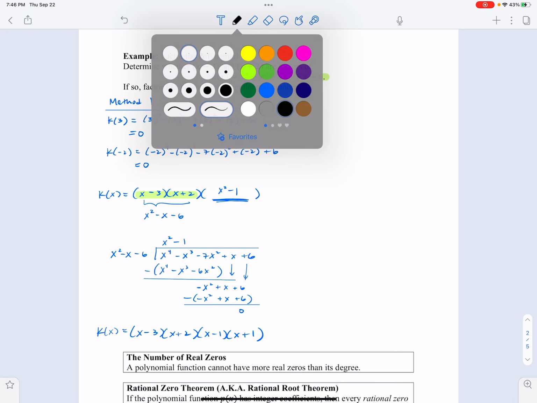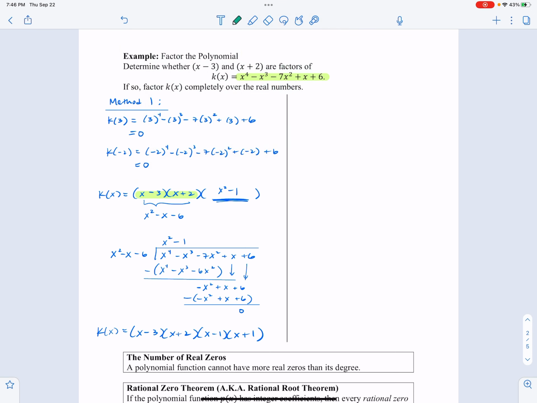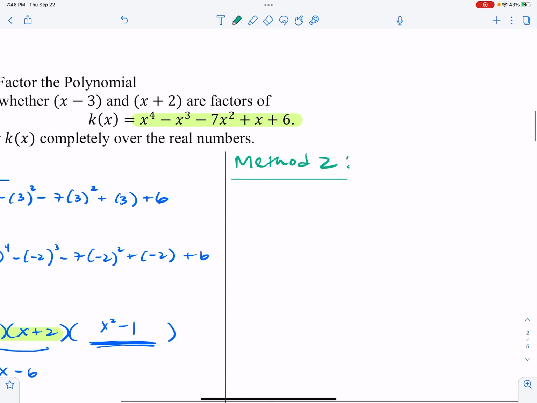Method 2, draw a line here. We'll use a different color. So method 2, I would prefer, because I just think it's killing two birds with one stone.